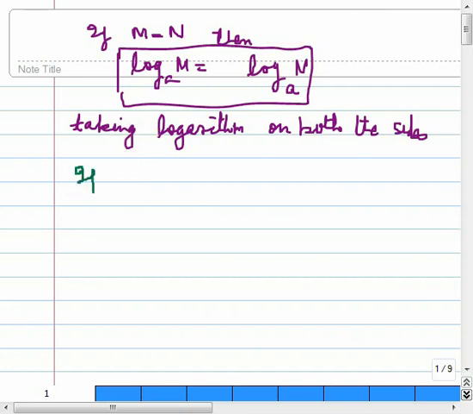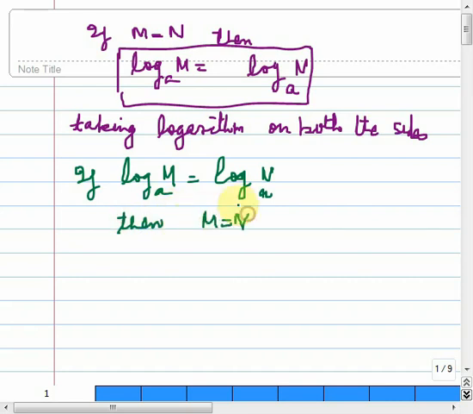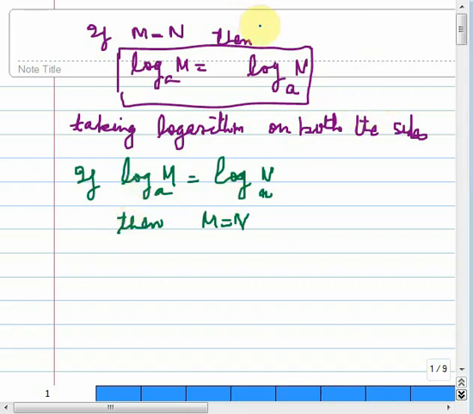Also if log m to the base a is equal to log n to the base a, then this implies m is equal to n. These properties which we have defined, this is 5, 6, 7, 8 and 9.